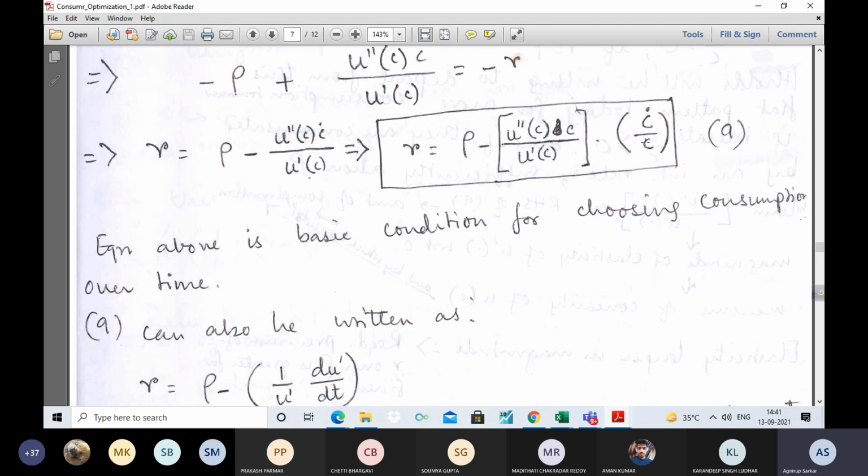Note that the term in brackets is the magnitude of the elasticity of u prime c with respect to c.